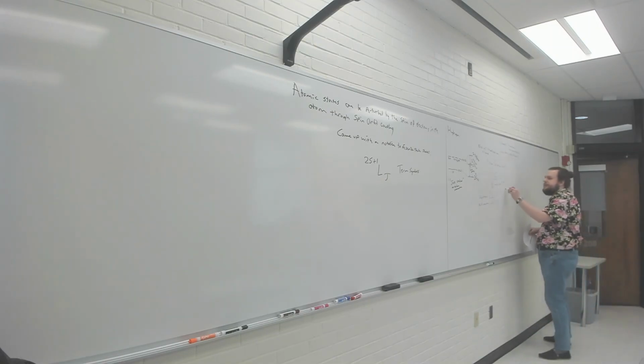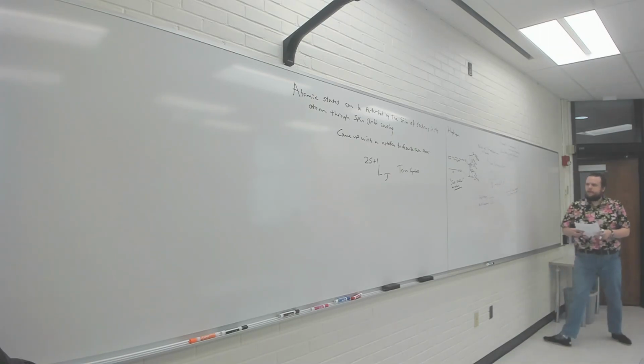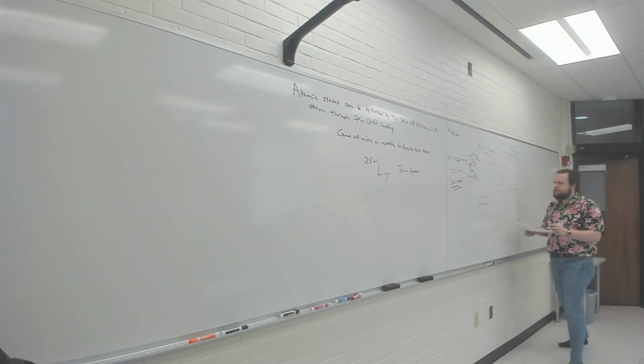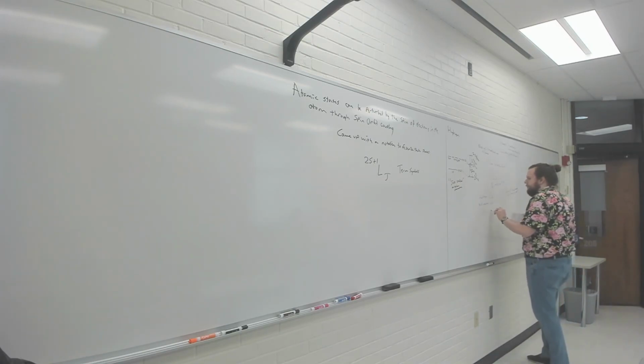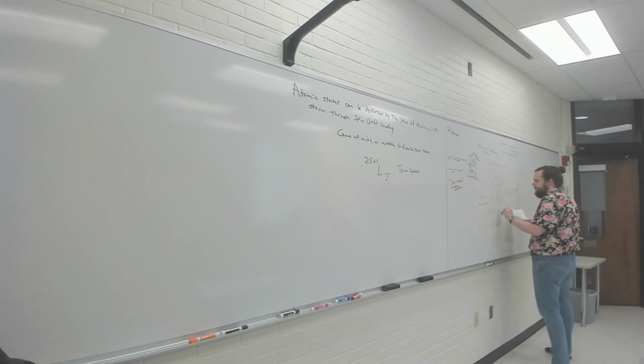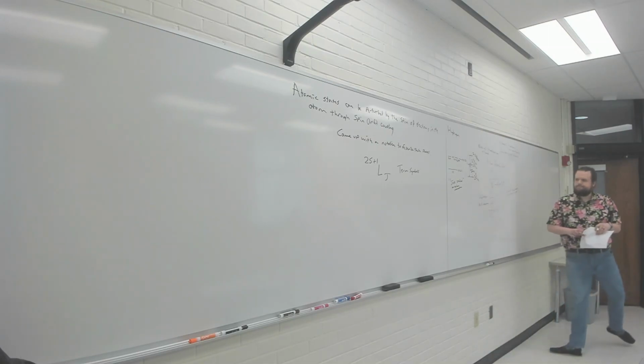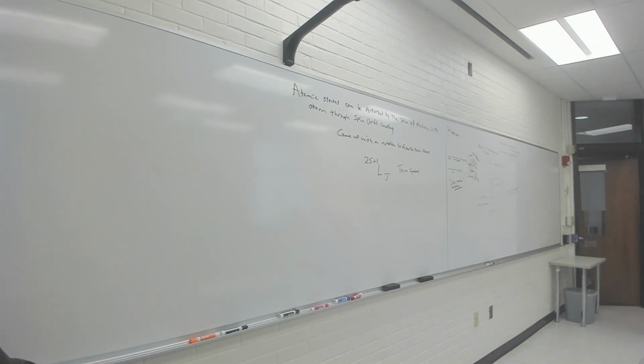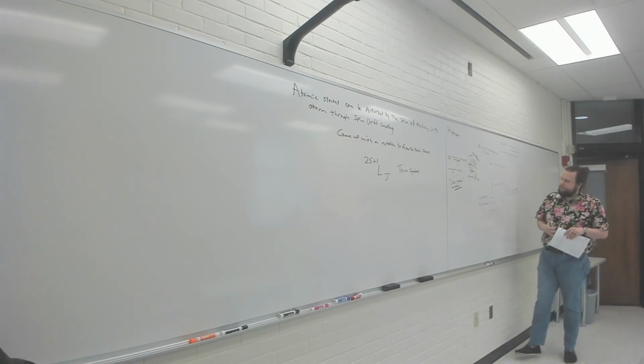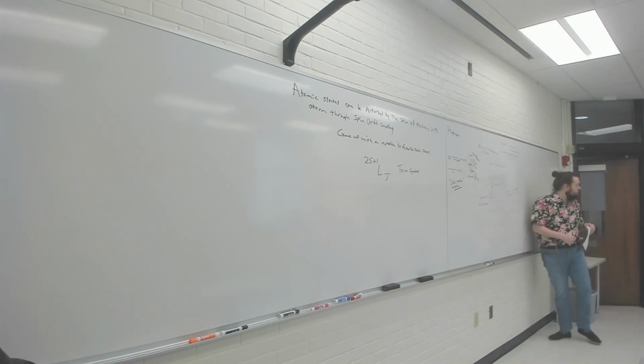So what this means is that S to P is allowed, but S to S is not. And the last one, which is related, is that when you include spin, delta J has to be either 0 or plus or minus 1. So it can't be any other values. So J can change, and L has to change.